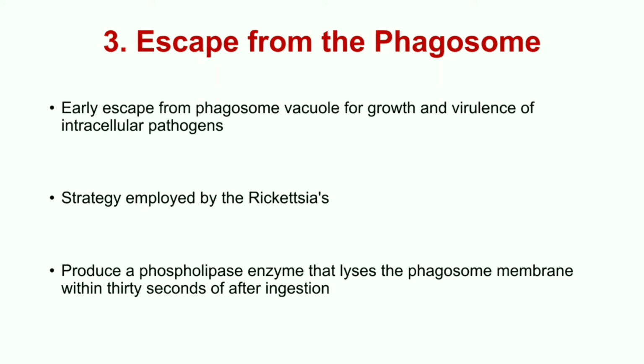Rickettsia produces phospholipase enzyme which has the capability to lyse the phagosome membrane within 30 seconds after its ingestion, meaning that even if it is ingested into the phagosome, they secrete enzymes which enable its freeing and re-entry into the cell by bringing about lysis of the phagosome membrane.